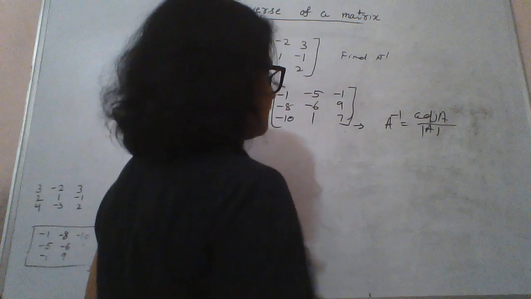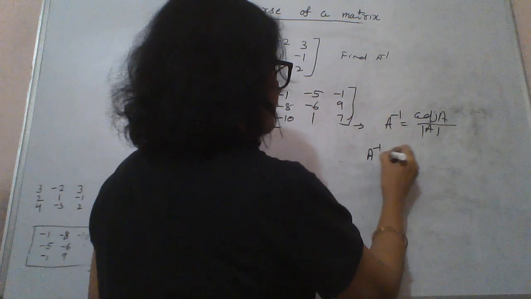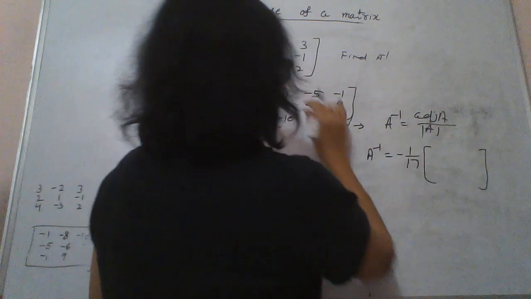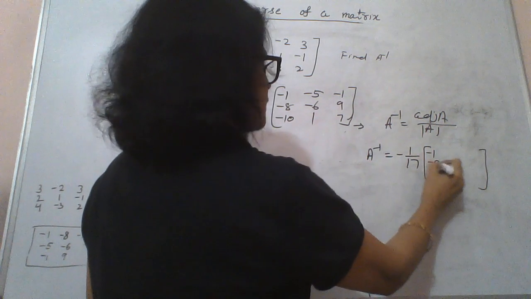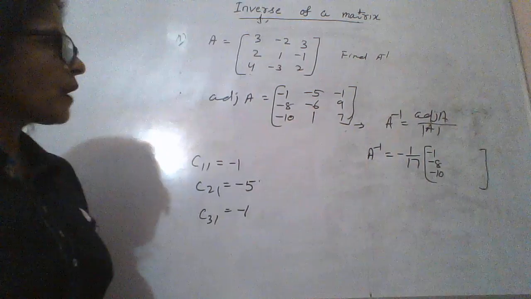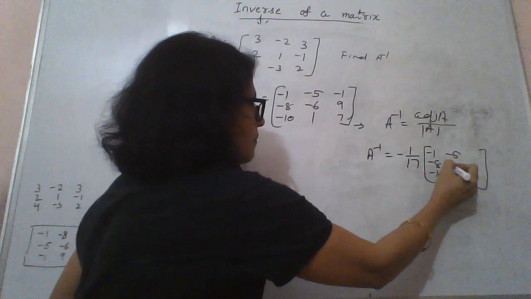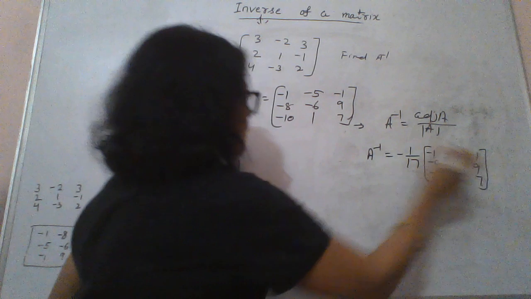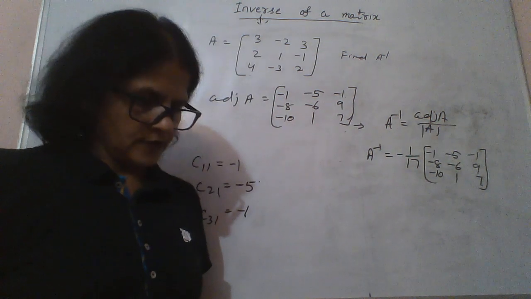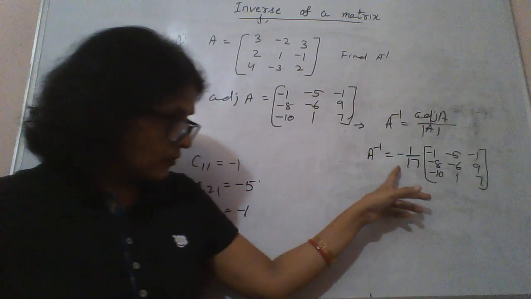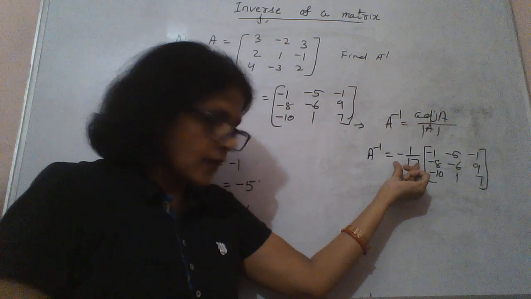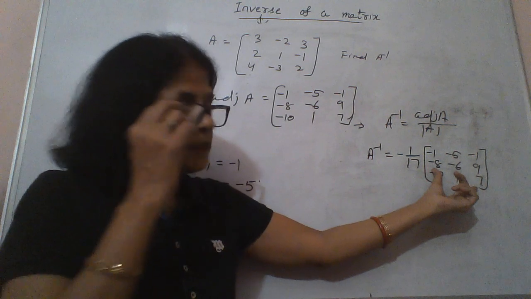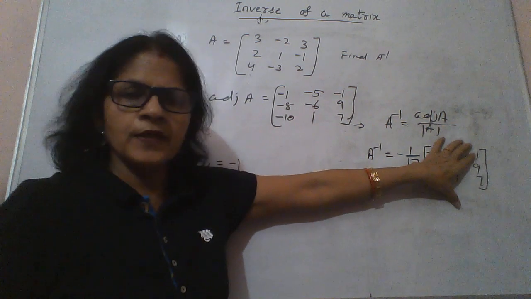A inverse is minus 1 by 17 of minus 1, minus 8, minus 10, minus 5, minus 6, 1, minus 1, 9, 7. Okay, so this is A inverse. Right, so again as I told you before, if you want you can multiply this minus 1 by 17 inside. Okay, as you know scalar multiple of a matrix, or you can keep it like this.